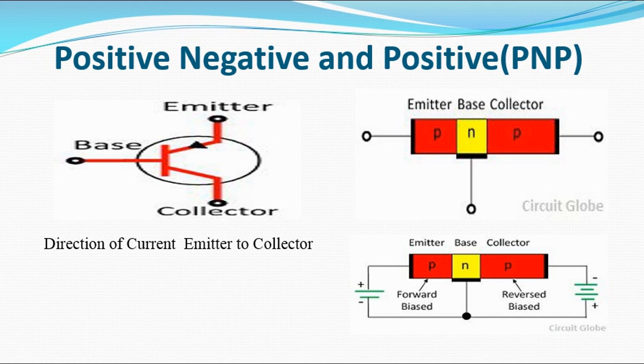So you can see that the reverse bias between the PNP and the NPN, both collector-base junctions, they are in reverse bias. Why? In terms of the emitter, they are all in forward bias.